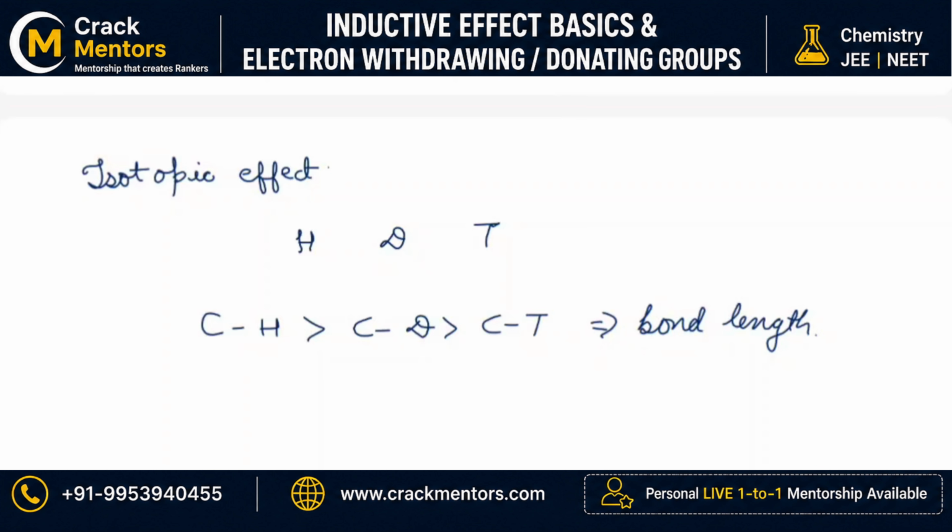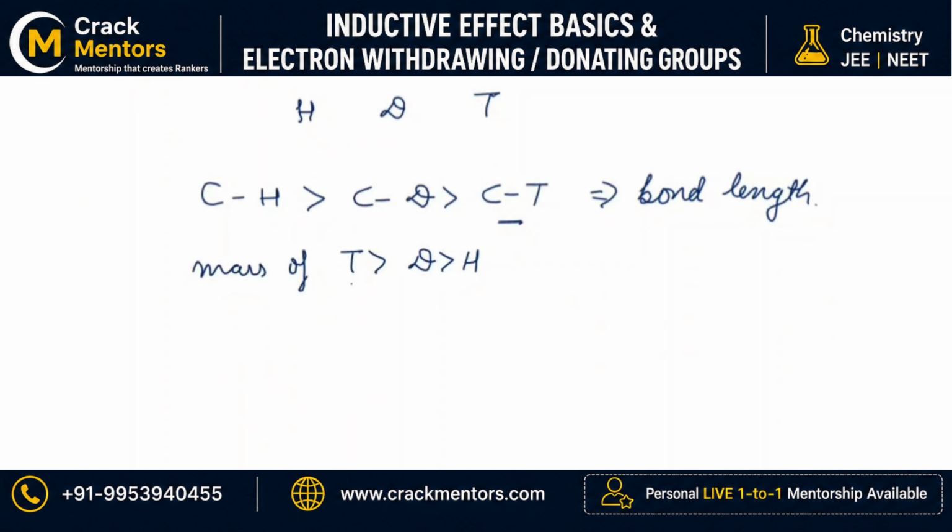But if you have not read it, let me tell you that the mass order is tritium, then deuterium, then hydrogen. So due to higher mass, it cannot vibrate and it remains close to the carbon. Therefore bond length decreases. So this is the reason.